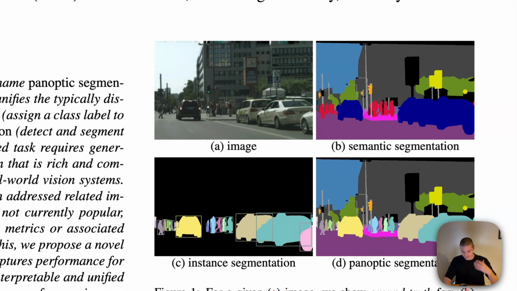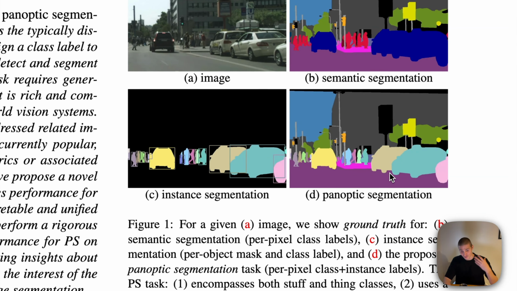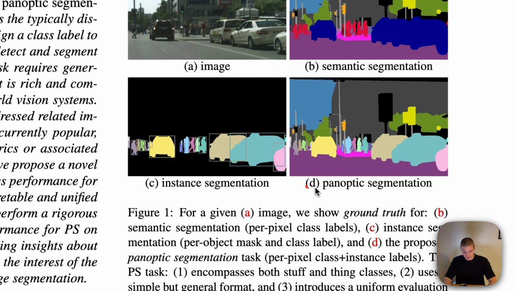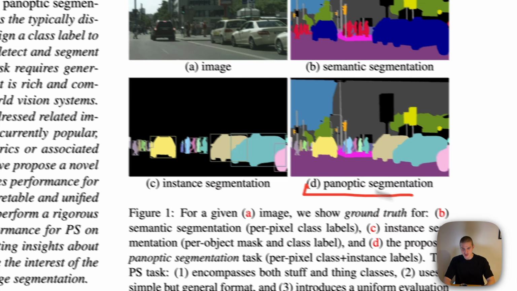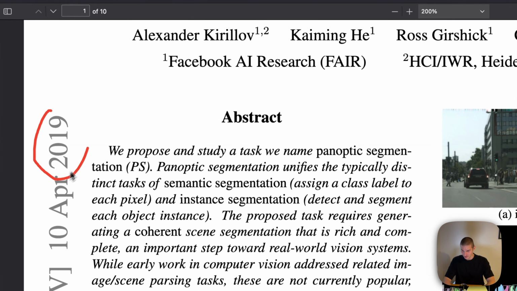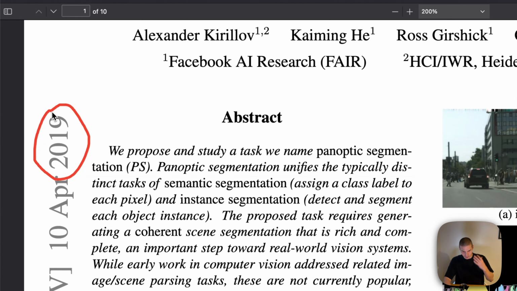So we want every pixel on the image to have a notation. We want to distinguish classes of all the objects, of everything that we see on the picture, as well as instances. And in this respect, this is a really, really important paper. So it came out in 2019. So it brings those two tasks together.